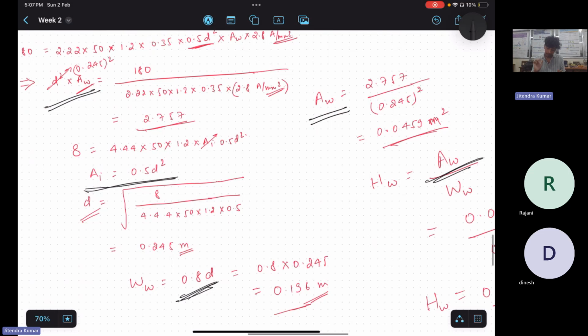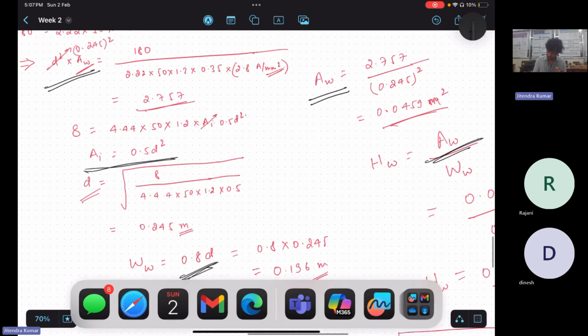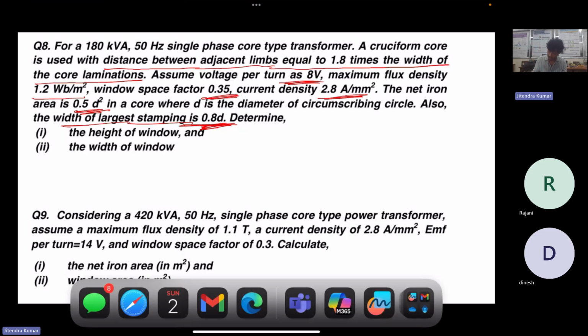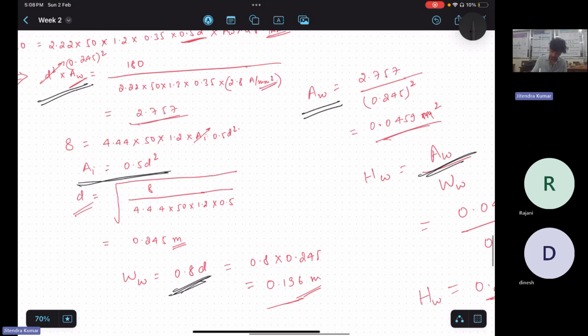Now, we have another relationship given that the distance between adjacent limbs is equal to 1.8 times width of the core laminations. So that we have to use.